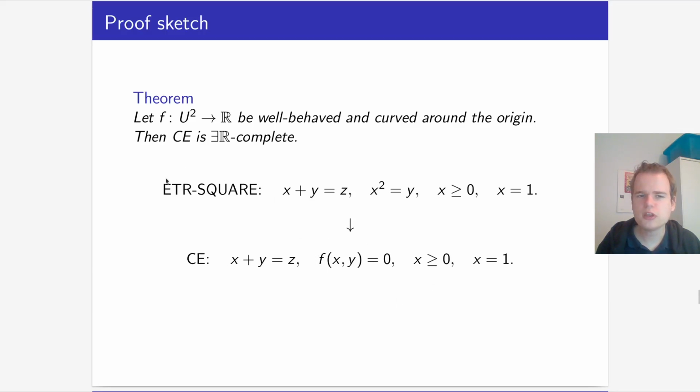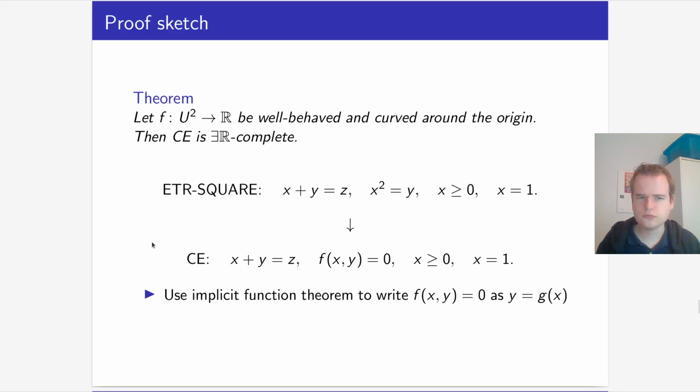But before we perform this reduction, we replace the CE problem by a very similar, actually equivalent problem, which resembles this squaring problem a bit closer. The way we do this is first by taking this nonlinear constraint and using the implicit function theorem to write this in an explicit way in a neighborhood of the origin.